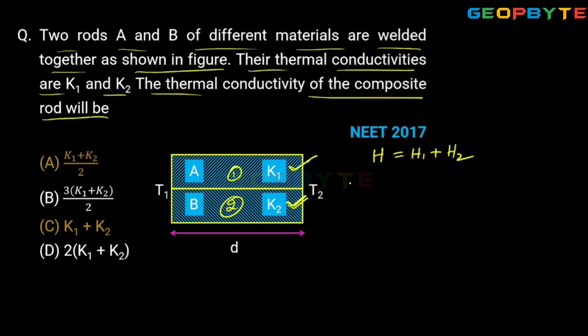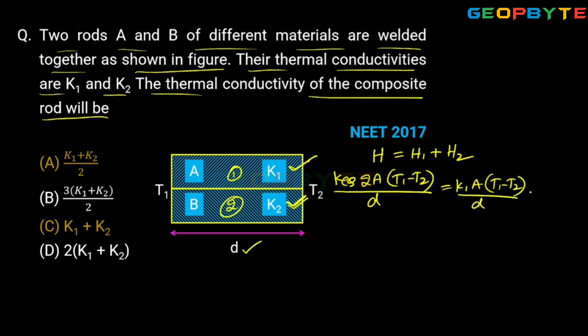The heat transfer for the equivalent system is K equivalent into 2A into T1 minus T2 divided by length, that is given as D, equal to K1 into A into T1 minus T2 by D plus K2 into A into T1 minus T2 divided by D.